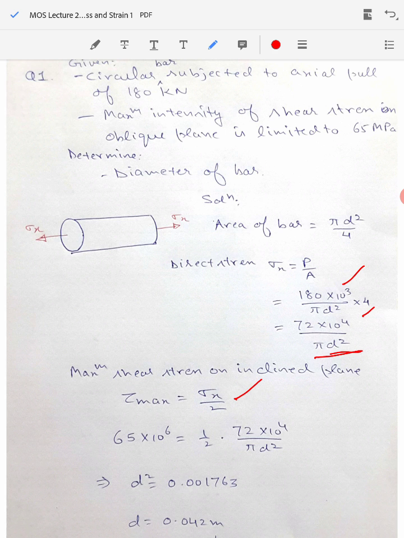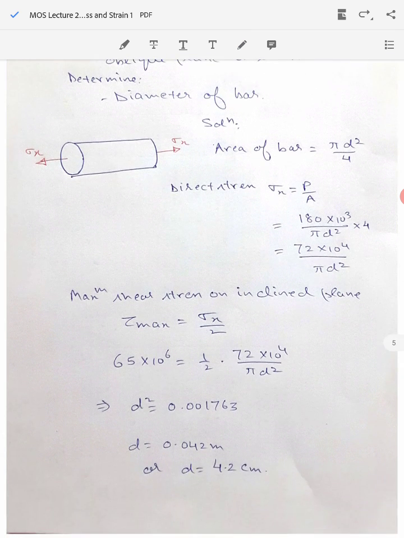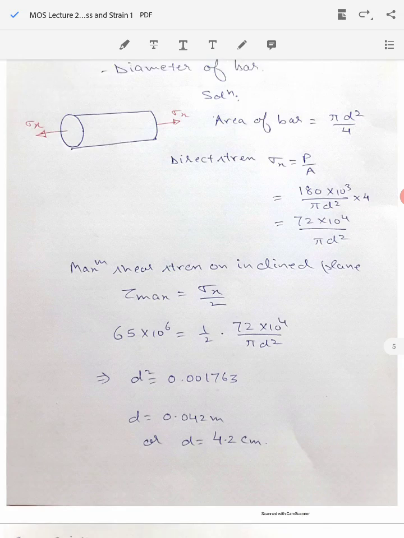Because there is no sigma y here, only sigma x is acting, so maximum shear stress will be sigma x by 2. So you substitute the maximum shear stress value that is permitted here as 65 megapascal. You substitute for sigma x from this expression here, and you calculate the value of diameter as 0.042 meter or 4.2 centimeter for this rod.